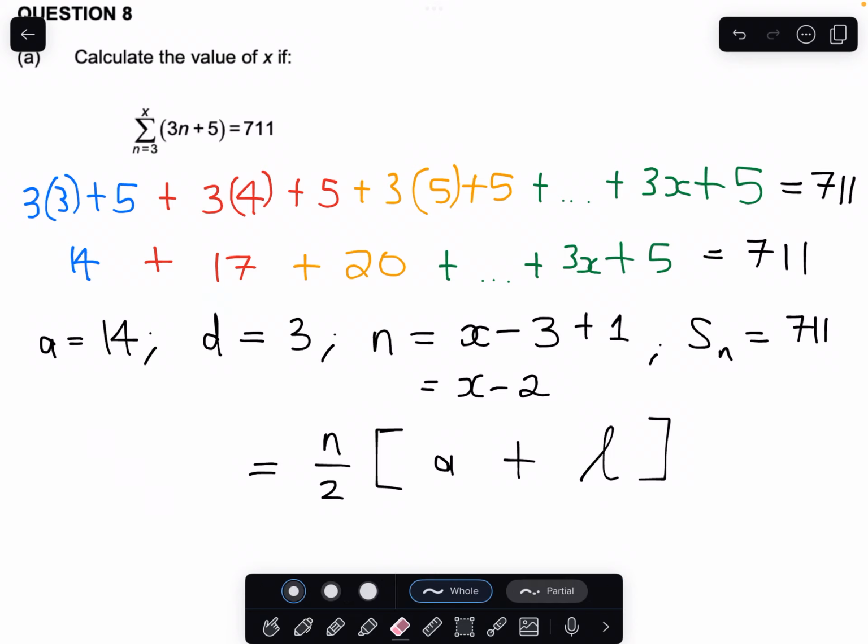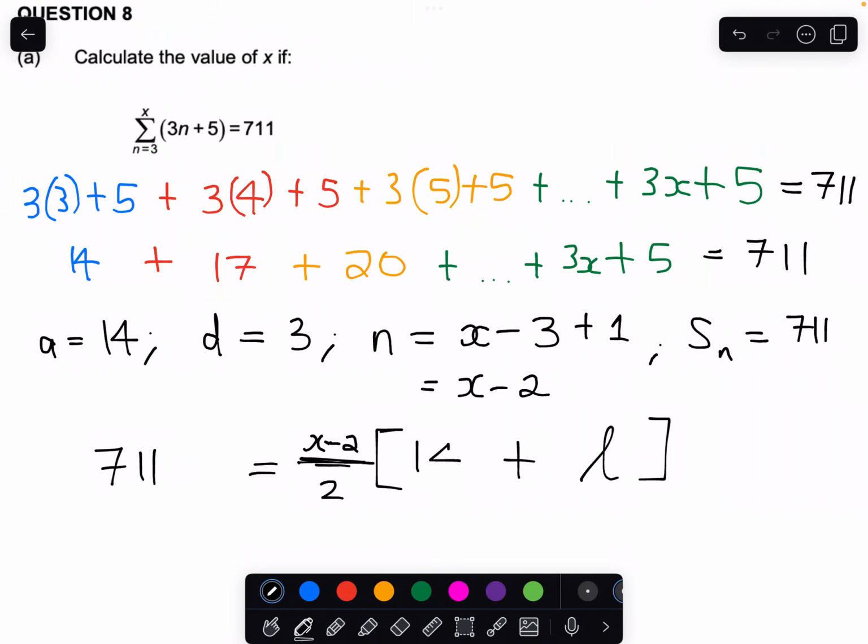So we know that the sum of the terms is 711. Our n is x minus 2. Our first term is 14, and the last term is this guy, 3x plus 5.